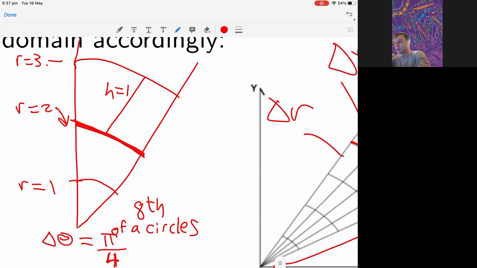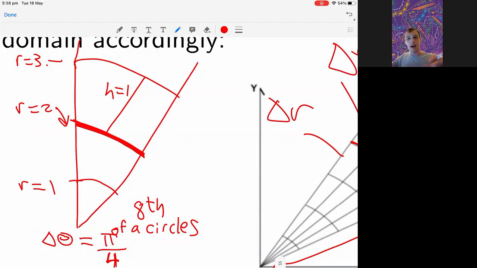Now the question is, what is the base? What is the length of this line here, approximately? What we're going to use is the fact that the perimeter of a circle is 2 pi times the radius of that circle.